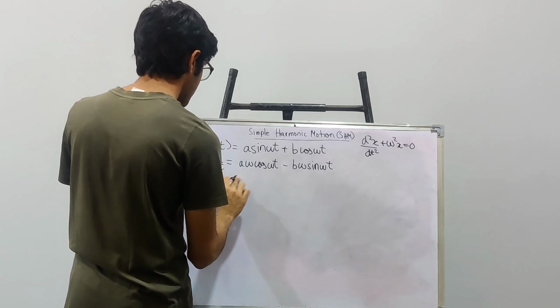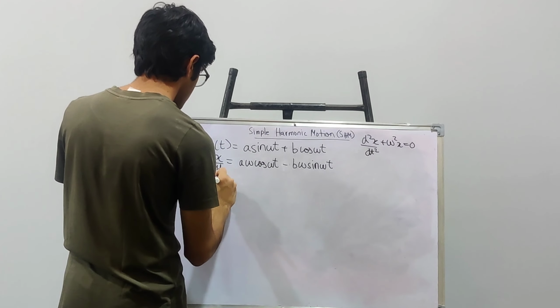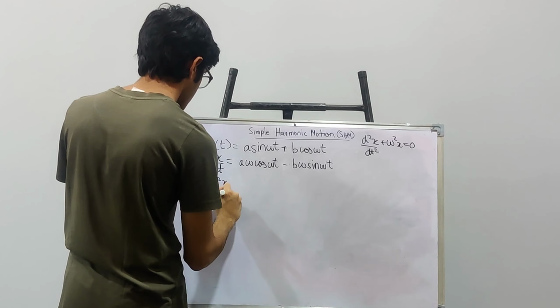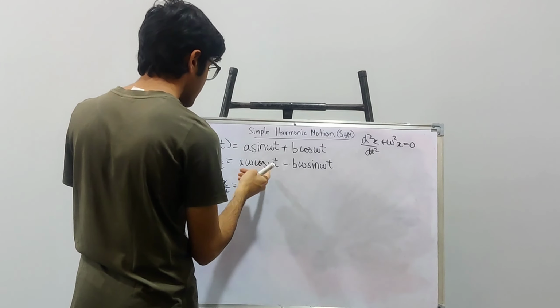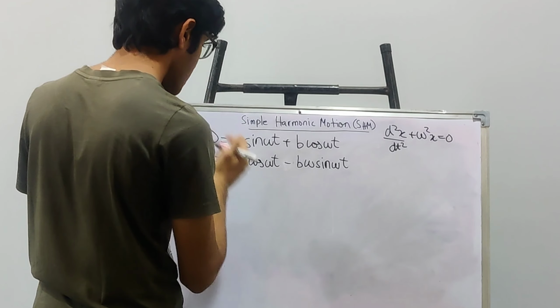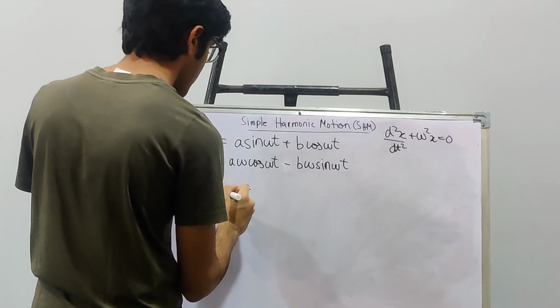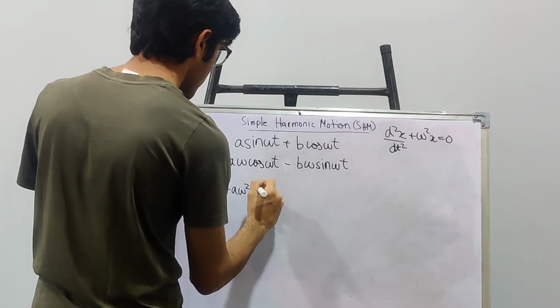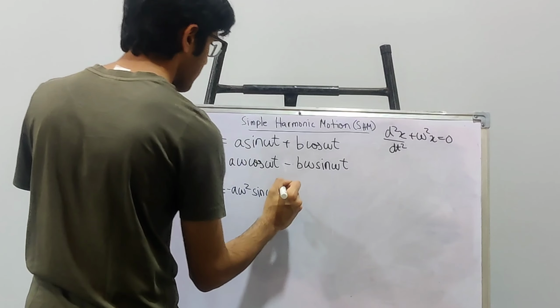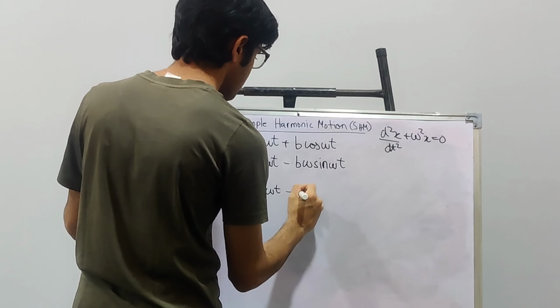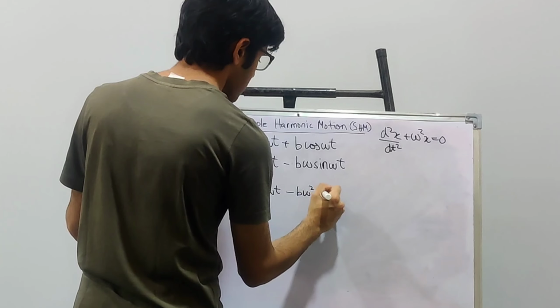Now we take the second derivative. Differentiating again with respect to time, we get minus a omega square sin omega t minus b omega square cos omega t.